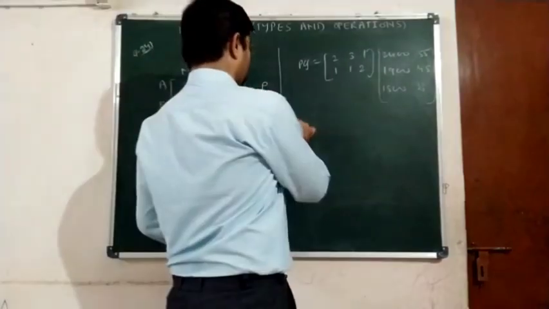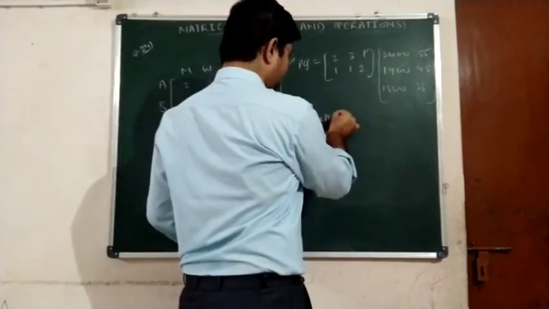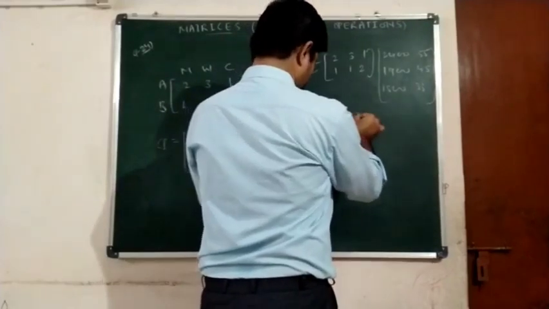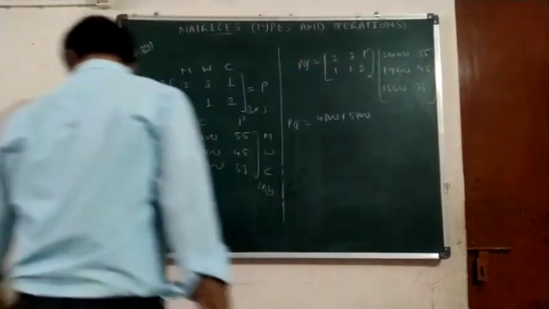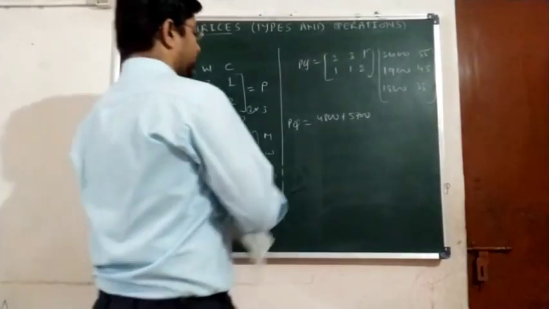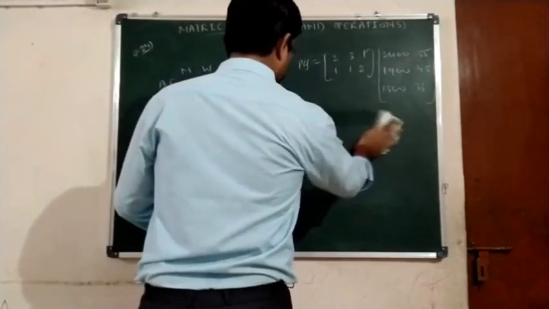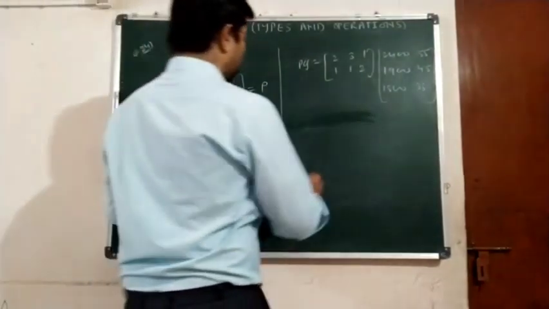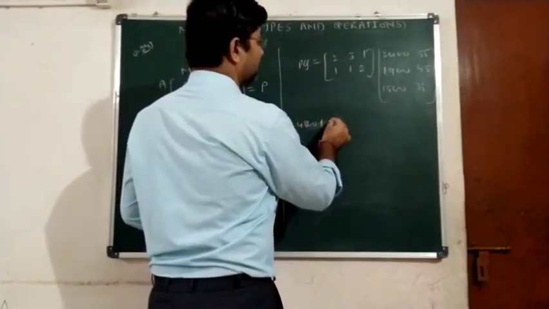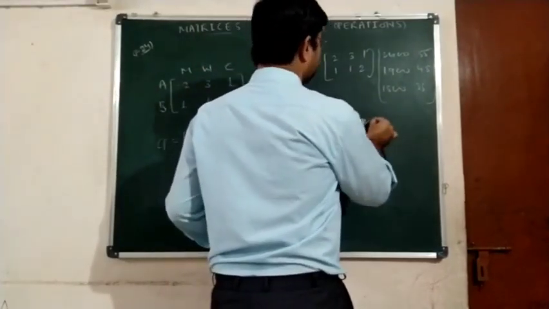So PQ is equal to, let us multiply: 2 twos are 4800 plus 5700 plus 1800.